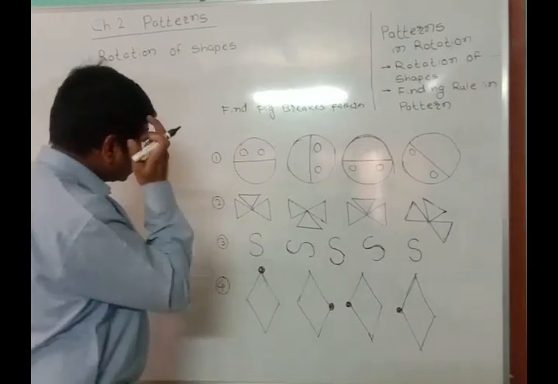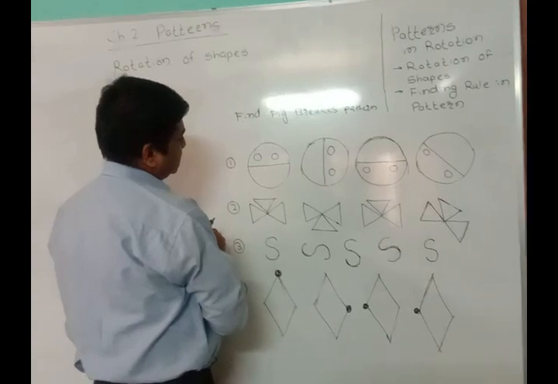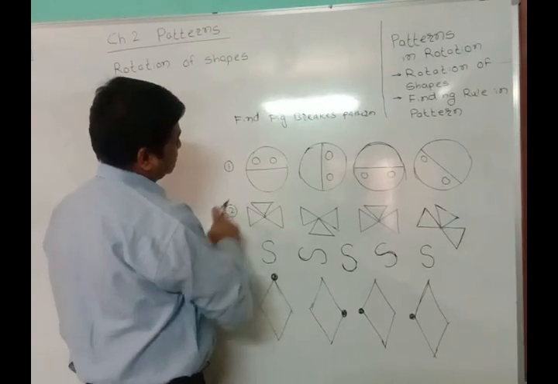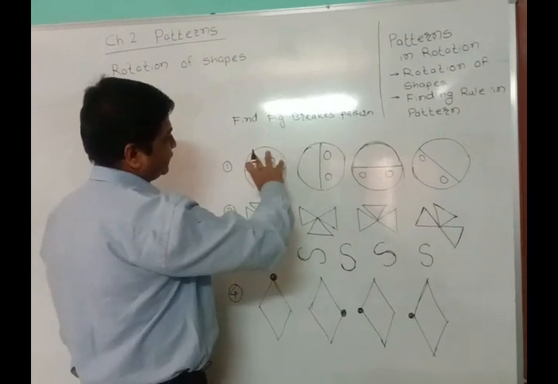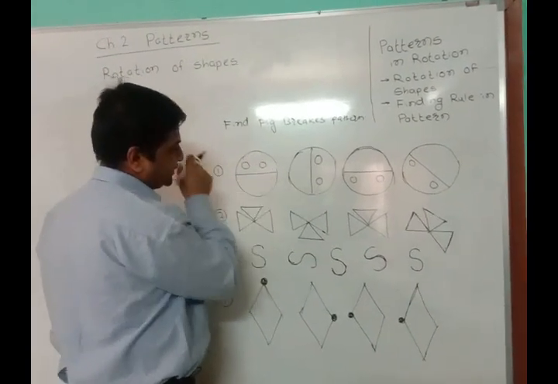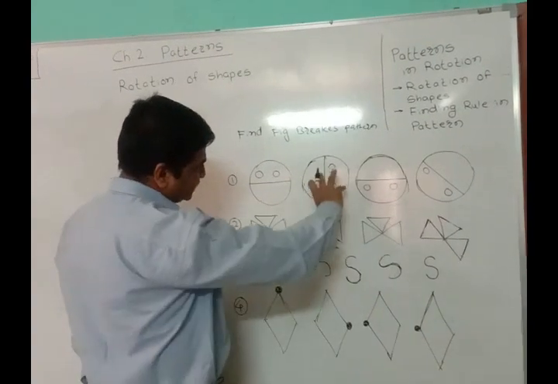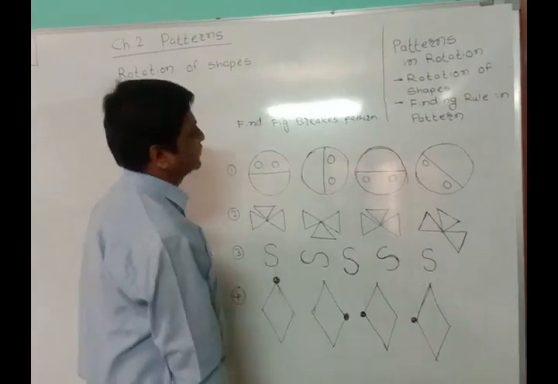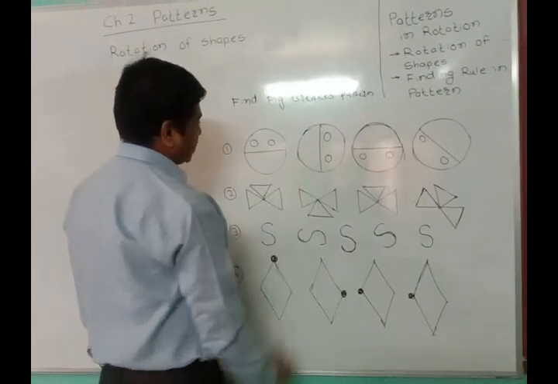So we can see the first figure, where the eyes are at the top and it is divided into two parts. Again, if I rotate it through 90 degrees in the clockwise direction, the eyes will be to the left. If I further rotate it through 90 degrees in clockwise direction, the eyes will be at the bottom.